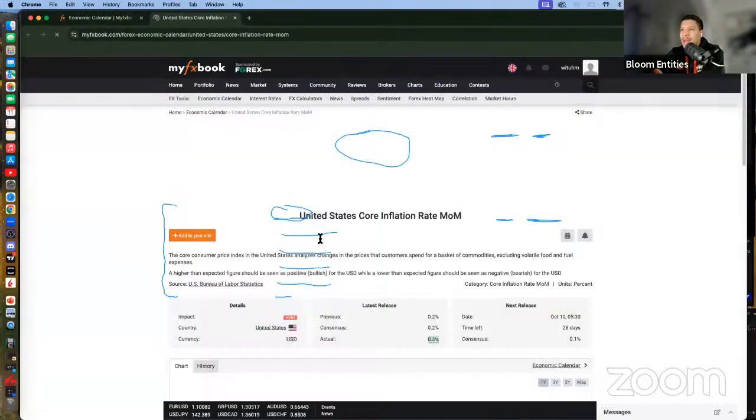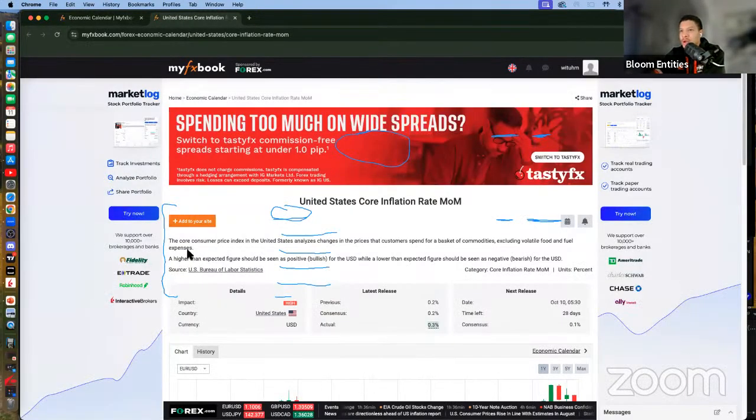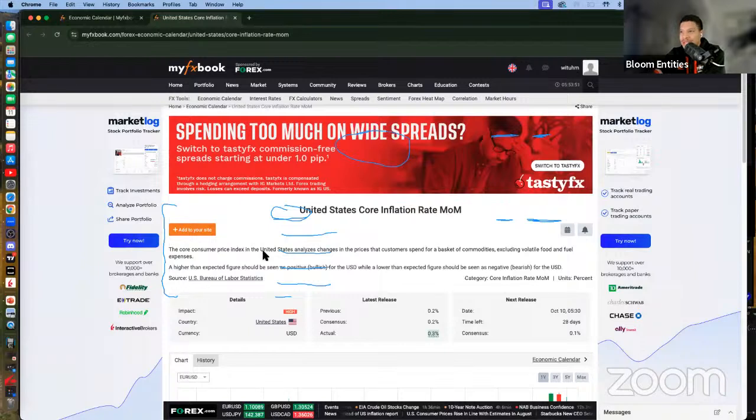And I'm not really super focused on... There's one folder that I'm really focused on, but if we just look here, the core consumer price index, which is the core CPI, right? So when we see that on Forex Factory, that's what that is. It analyzes the changes in price that consumers spend for a basket of commodities, removing the food and fuel expenses in that, right?